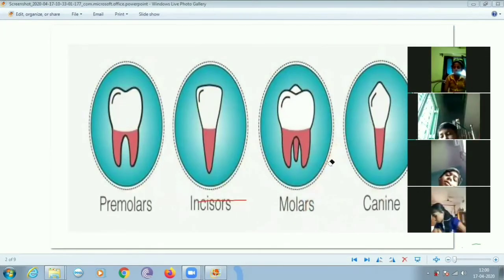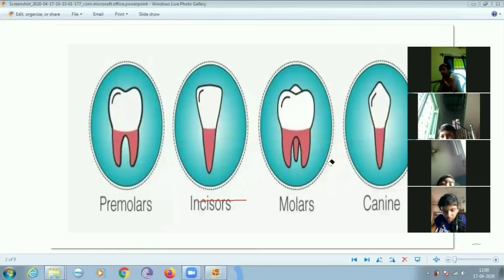The teeth present exactly in front of the mouth are called incisors, right? If we talk about only one jaw, the upper jaw, there are 4 incisors. At the end of each side of the incisors there are canines.